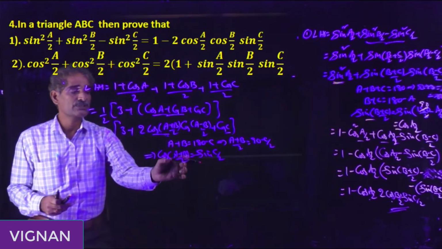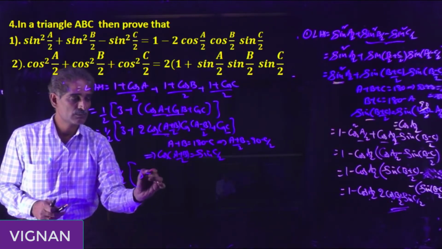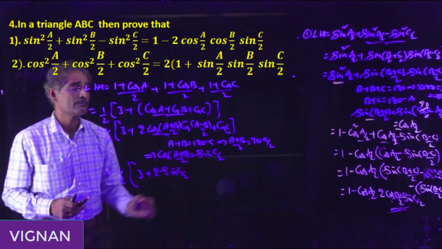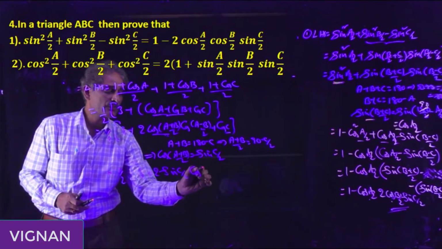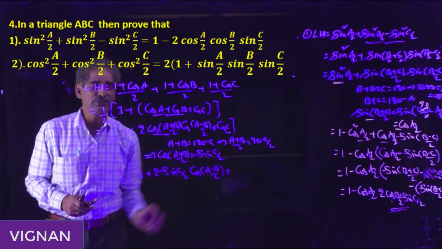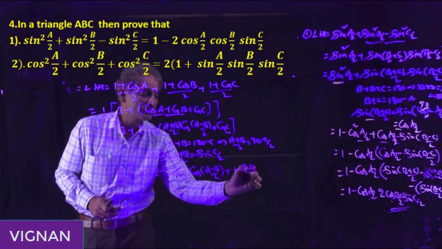So just replace cos (a plus b) by 2 by sin c by 2. 2 sin c by 2 cos of (a minus b) by 2, and express cos c also in terms of sin c by 2. 1 minus 2 sin square c by 2.